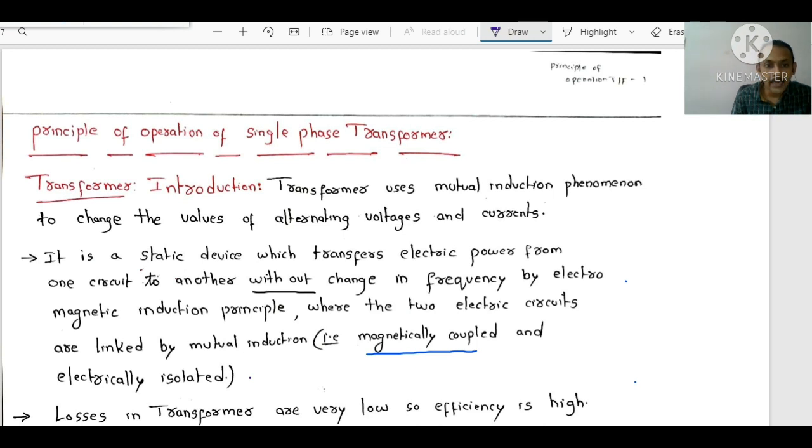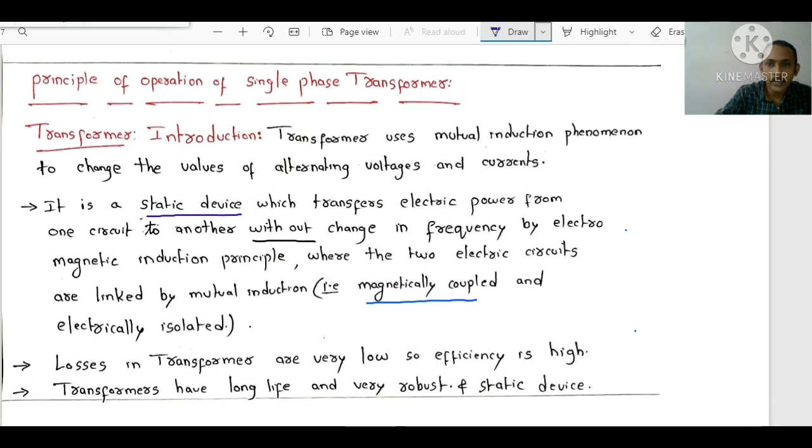So it is a static device. The main feature is that it is a static device. It won't move. Also the losses in a transformer are very low, because of that the efficiency is very high. The life of the transformer is also very long, and it is a robust and static device.